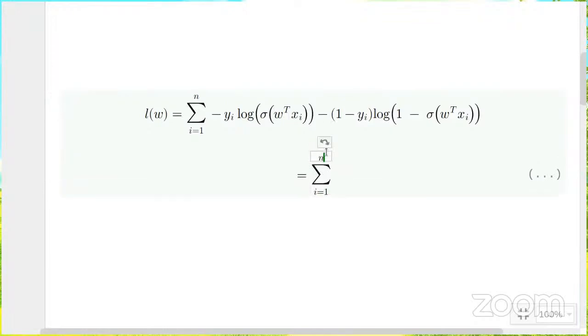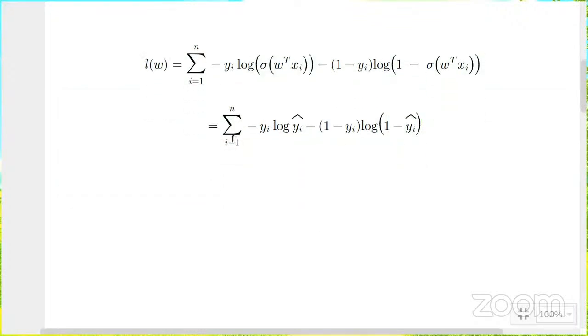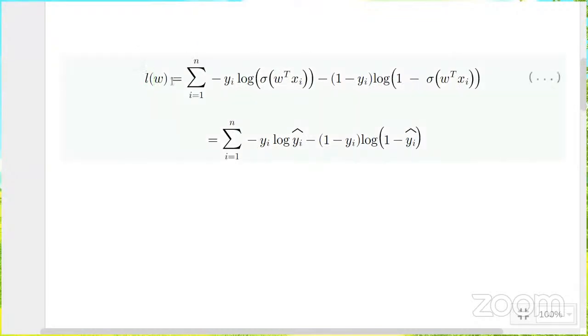The sum still goes from i equal to 1 to n, minus yi remains the same, but here I'll write y hat of i, and here I'll write 1 minus y hat of i. Now focus on, say, one example, and I'll call this the loss.